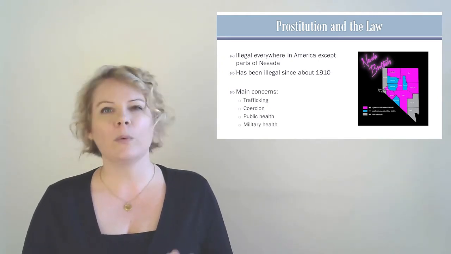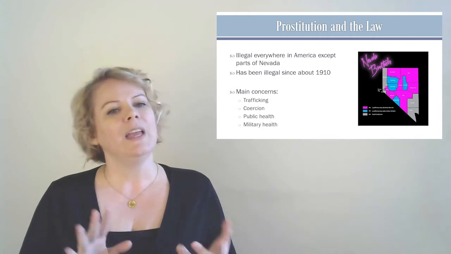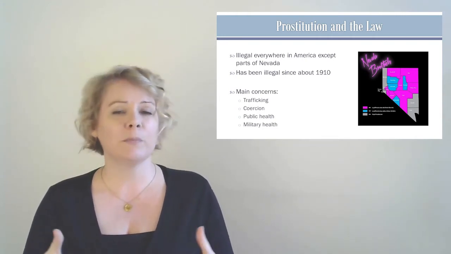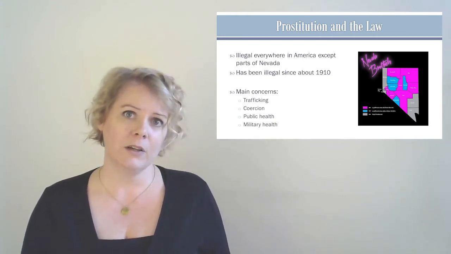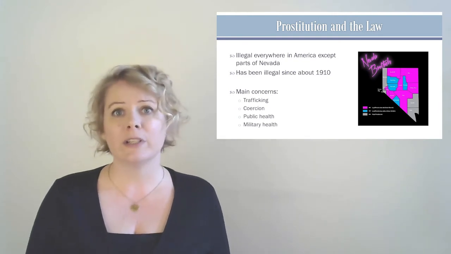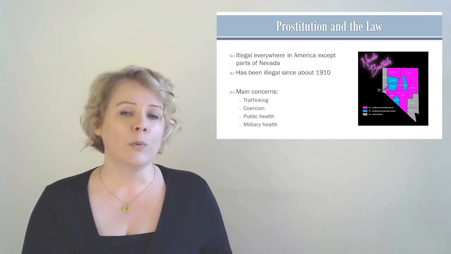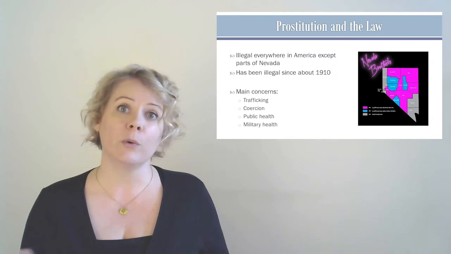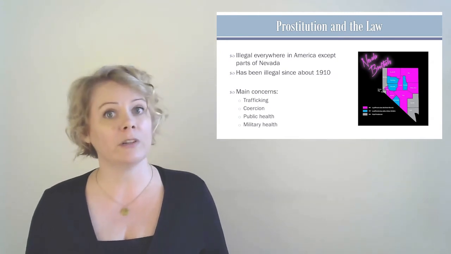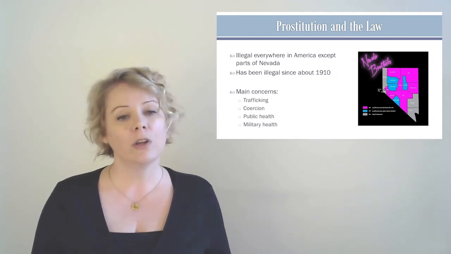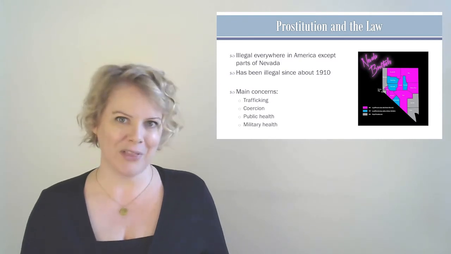So in America, we have a few primary concerns. Definitely there's the moral aspect, but there's also the safety aspect. For instance, we know that trafficking is very dangerous, and we'll talk about that. We know that drug use is high among women who are sex workers, and that can lead to coercion on behalf of their pimps or managers. We also know that it can be a public health issue.